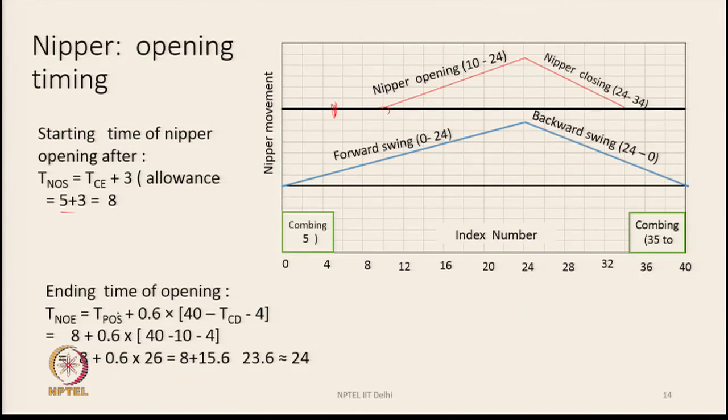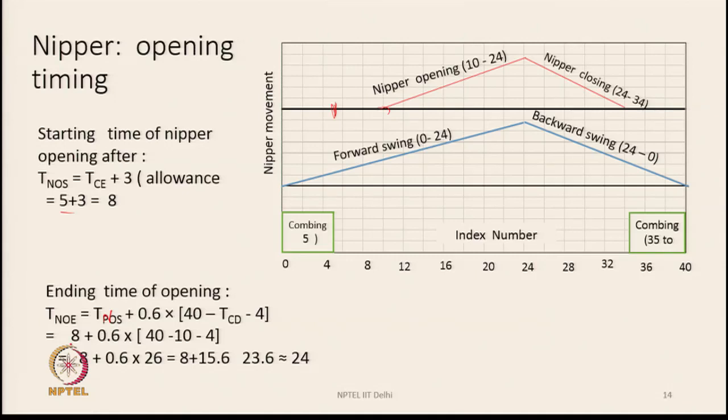The ending time will be how much? If we put these values here, TNOE, when nipper opening is going to end, is TNOS, not POS, this value, plus 0.6 into 40 minus TCD minus 4.